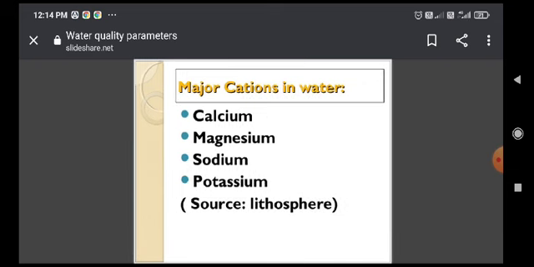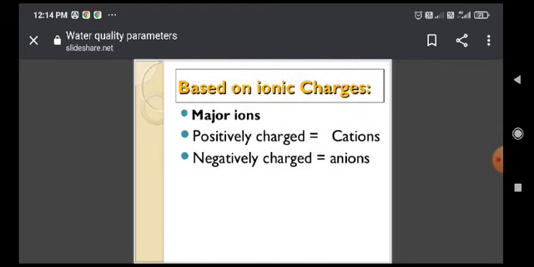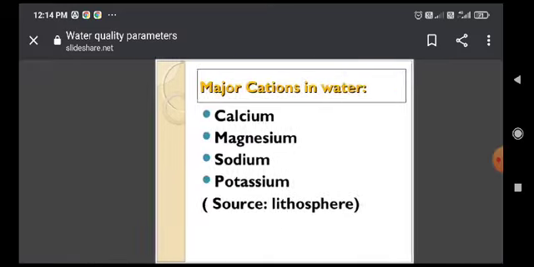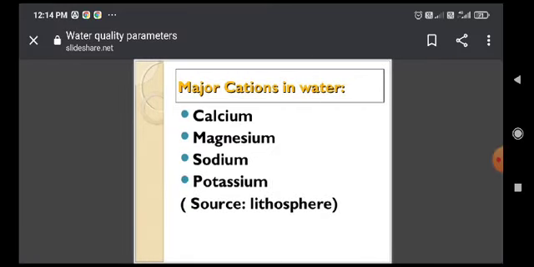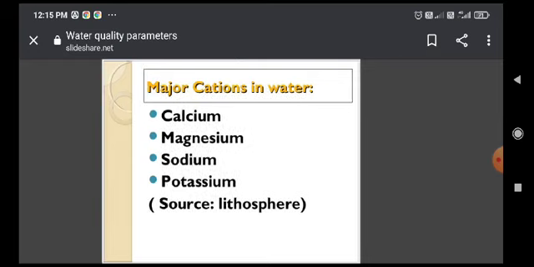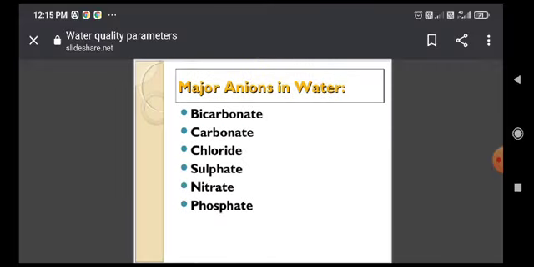Which are the cations in the water? Calcium, magnesium, potassium; these are sourced from the lithosphere. Calcium is also very important for our body.